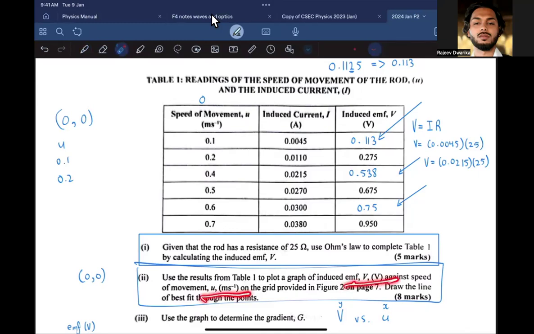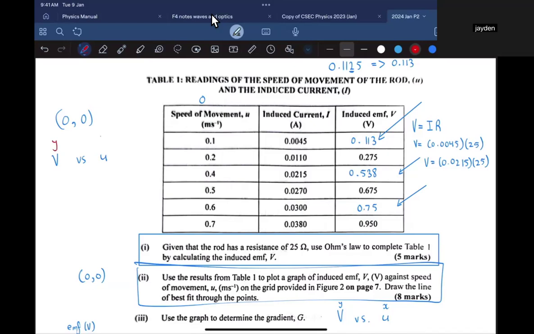Yes, sir. So just remind me, Jaden, V will be the y-axis or the x-axis? The Y, sir. And U will be the x, right? Yes, sir.